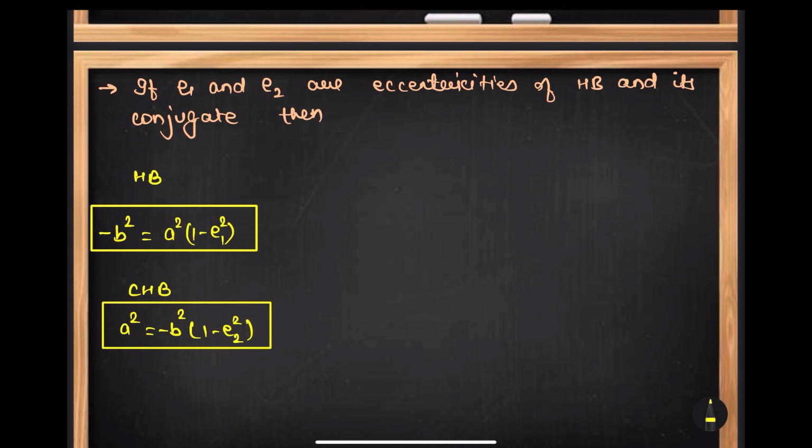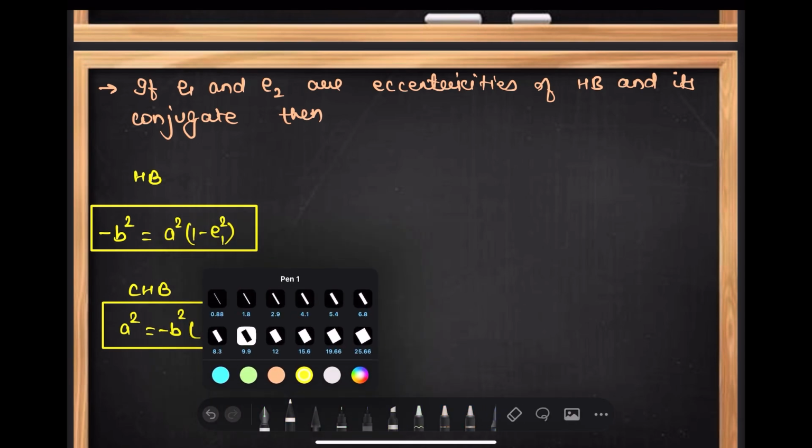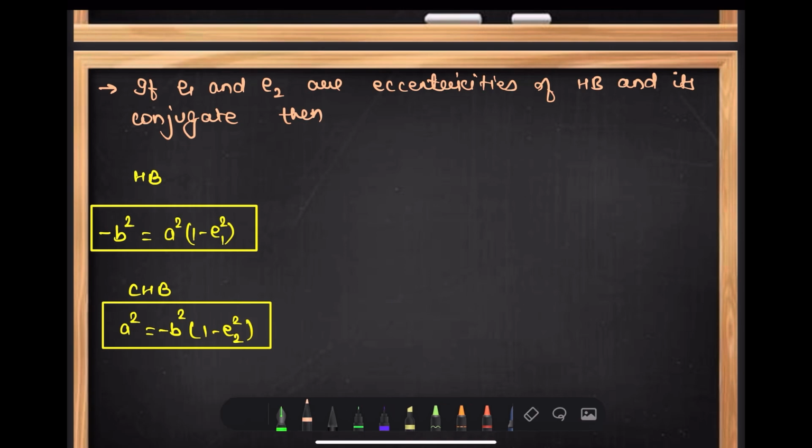Now observe these two equations and try to find the relationship between them. Do you think we can go with addition, subtraction, multiplication, division? According to me, if I go with multiplication, that would be a better idea. Why? Try to understand.